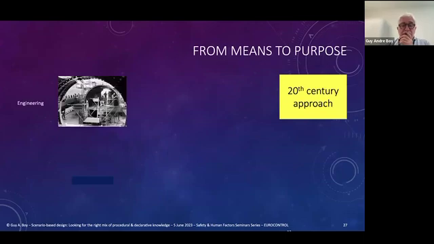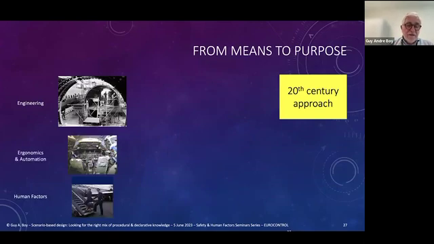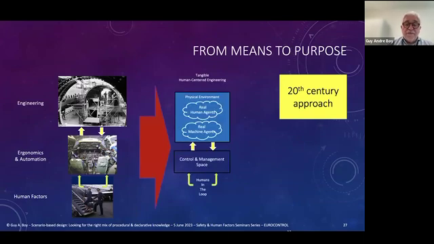Okay, so if I summarize this, during the 20th century, we were going from means to purpose, doing an aircraft, for instance, and then realizing that there are people in the aircraft to run it. We develop cabins, cockpits, and in fact, if I put that in a more abstract form, then you have a physical environment, then a control and management space, and humans in the loop here.